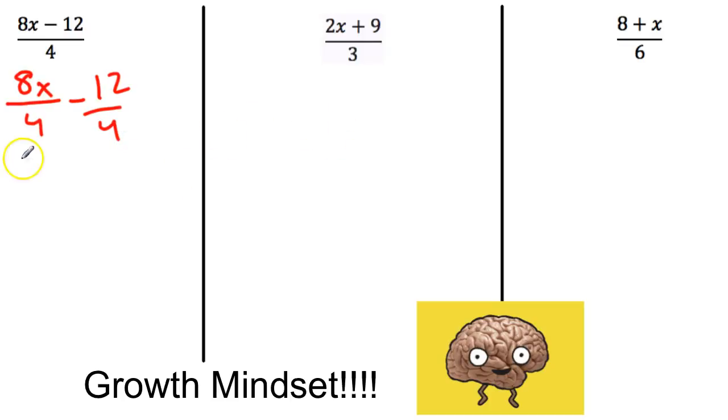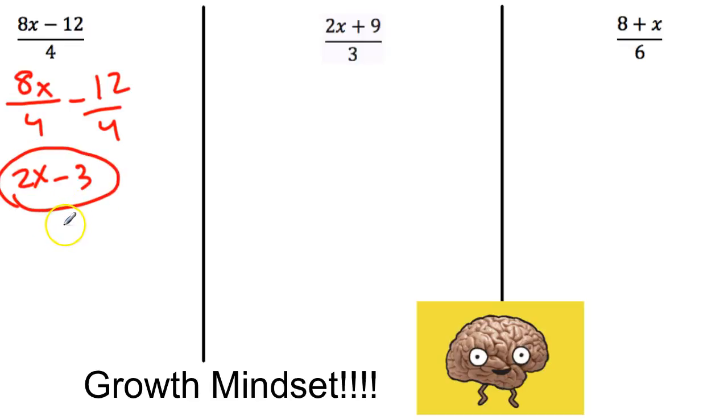We can simplify these down. So 8x divided by 4, 4 can go into 8 2 times, and it can go into 4 once. So this simplifies to 2x. 12 divided by 4, that's going to be 3. So this answer can be simplified to 2x minus 3.